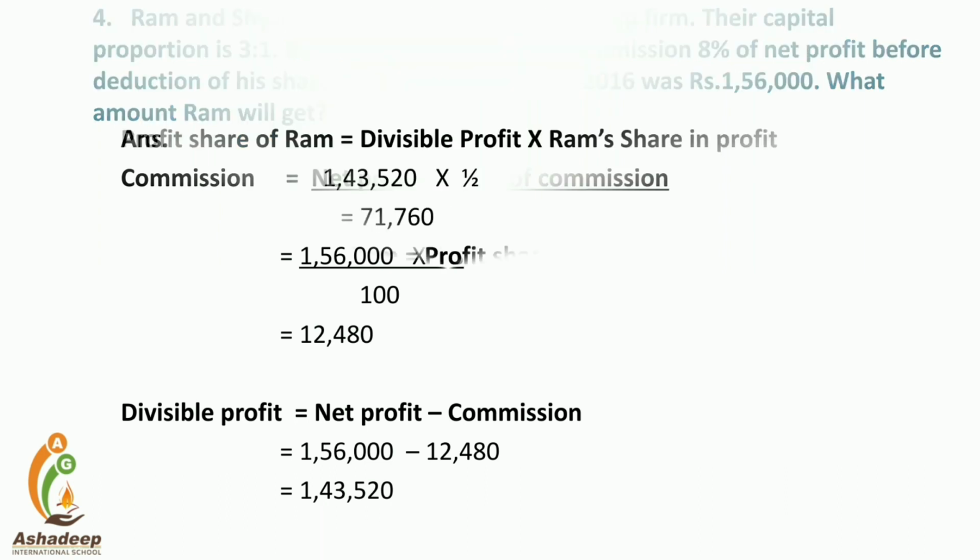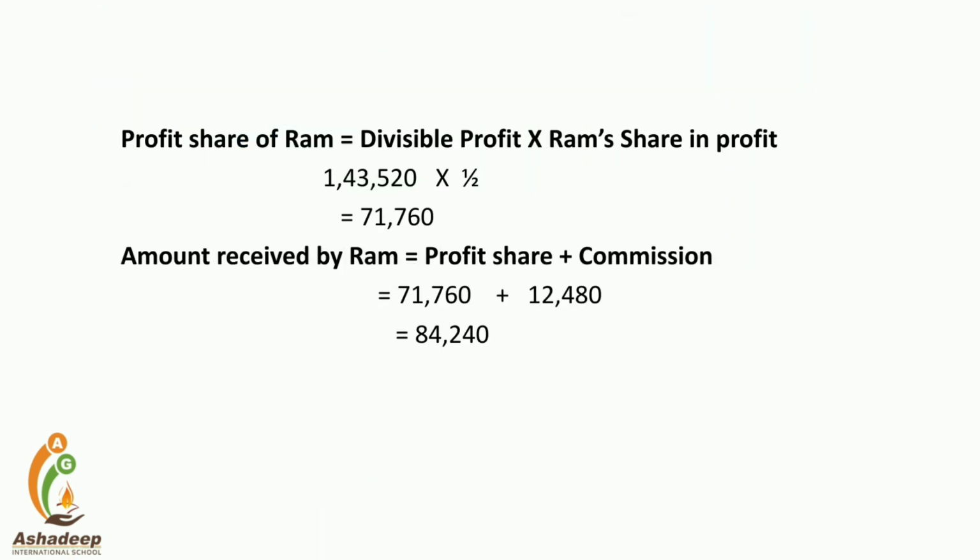In the next step we distribute the profit among the partners. But in the question you are required to know the total amount received by Ram. So here we only find the profit share of Ram. Profit share of Ram is equal to divisible profit multiplied by Ram's sharing ratio. In the question the profit sharing ratio is not given, which means profit will be distributed among the partners in equal proportion. There are two partners here, so this profit will be distributed in 1:1 ratio.